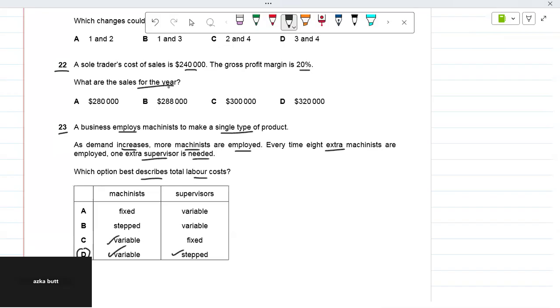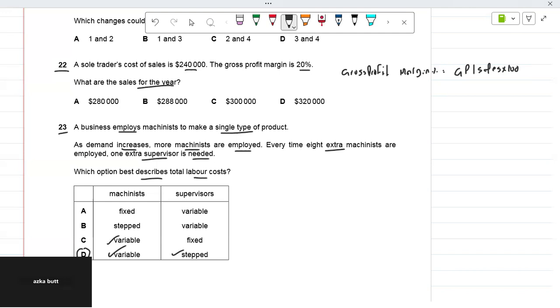Okay. So basically gross profit margin, as a percentage, is equal to the GP over sales multiplied by 100. This is the formula for GP margin.